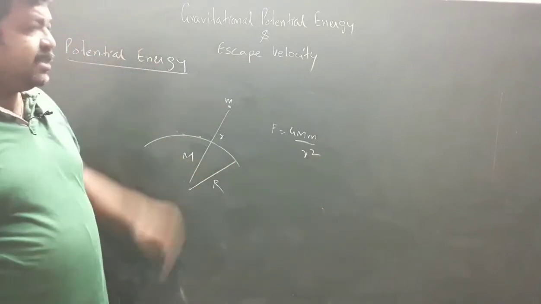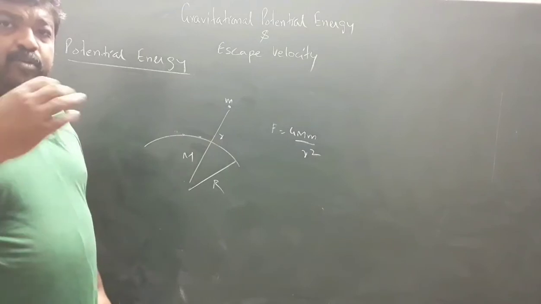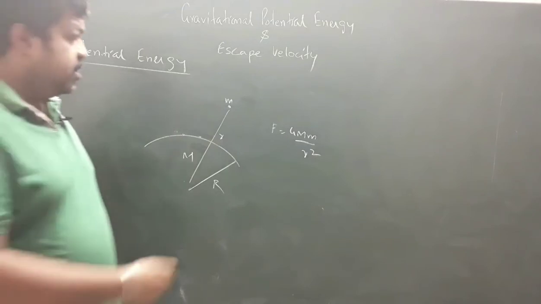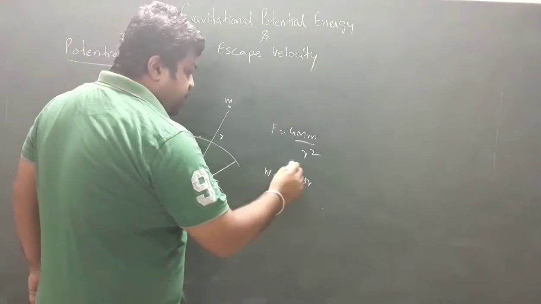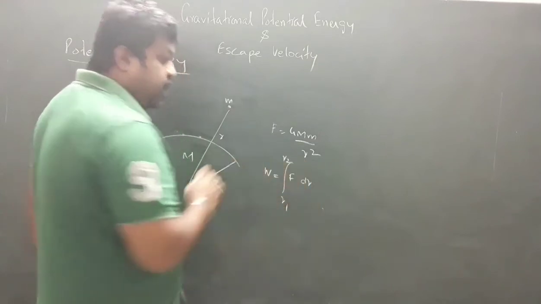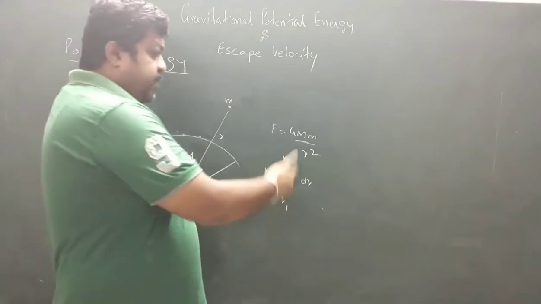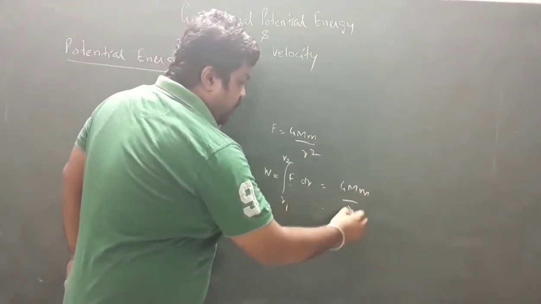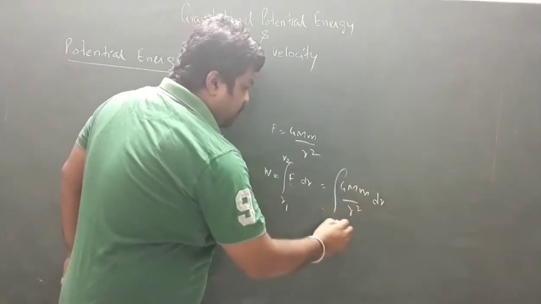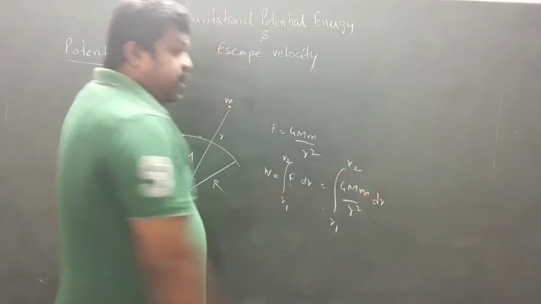Now suppose this mass is displaced from position r1 to position r2. What will be the work done? The work done W will be the integral of F dr from r1 to r2. What is F? F is this quantity, so W is the integral of GMm/r² dr from r1 to r2.